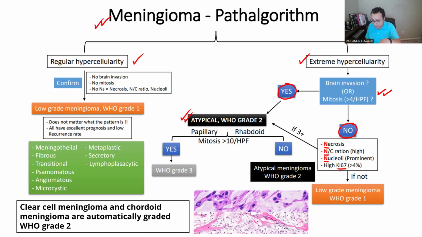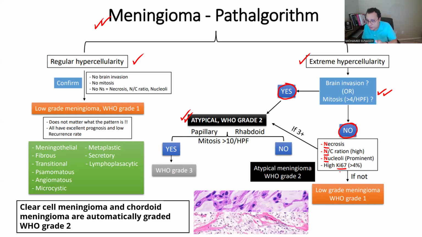So do Ki67 and look at the Ki67 index. If the Ki67 index is more than 4, that's a positive finding. If you have prominent nucleoli, where most of the nucleoli are staring at you, that's also one positive finding. If you have a high NC ratio, where the nucleus is huge, occupying most of the cell surface area, that's also a positive finding. If there is necrosis, that's a positive finding.